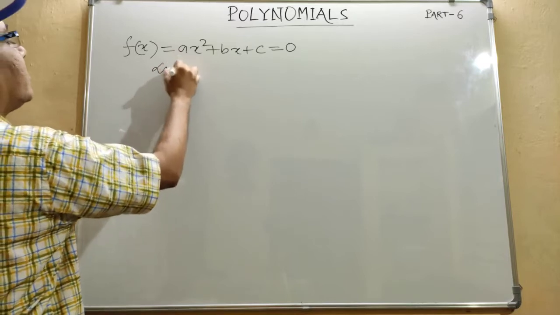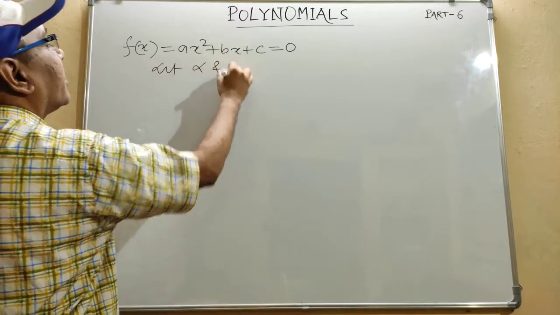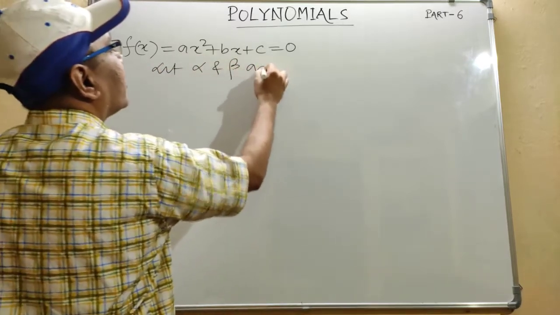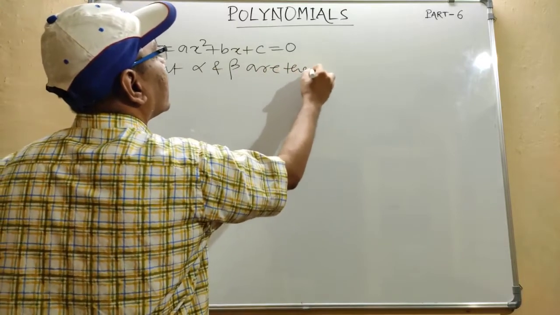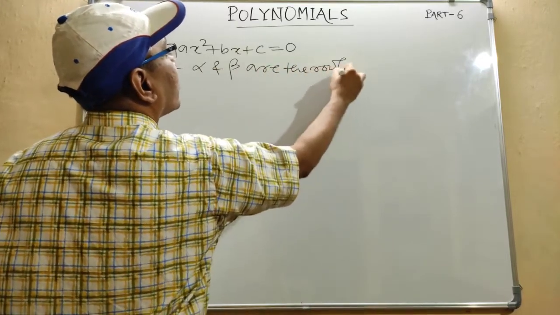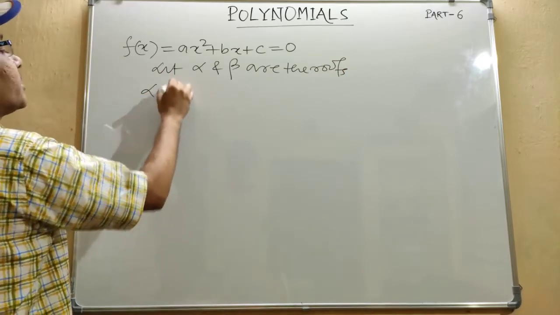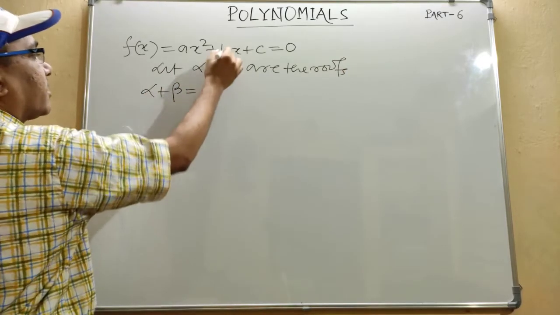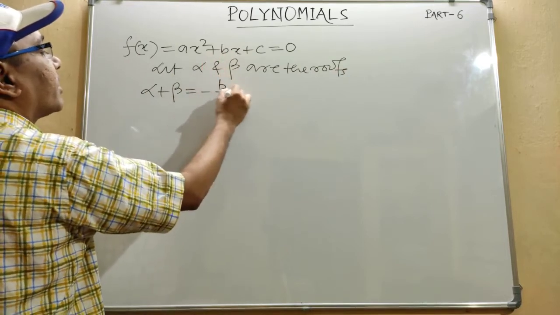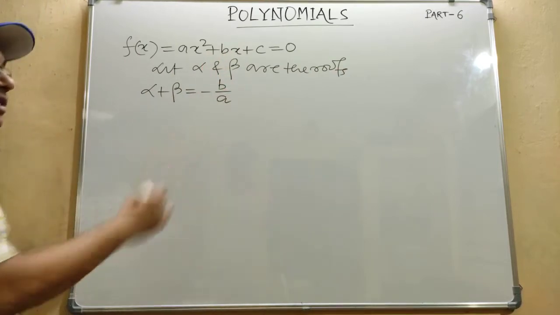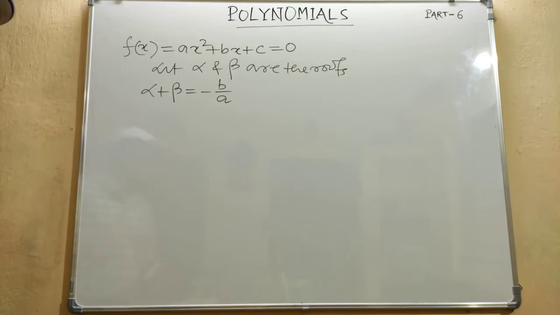Let one root be alpha and the other root be beta. If alpha and beta are the roots, what will be their sum? Minus coefficient of second term by coefficient of first term, as we read in the previous video.